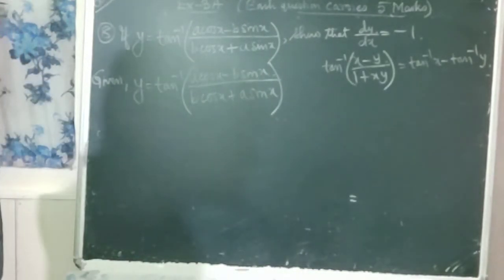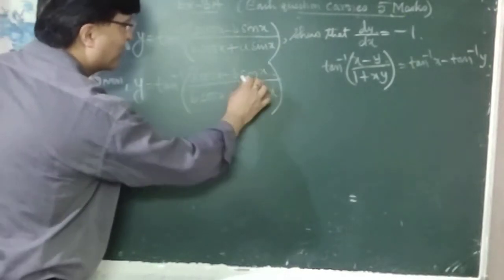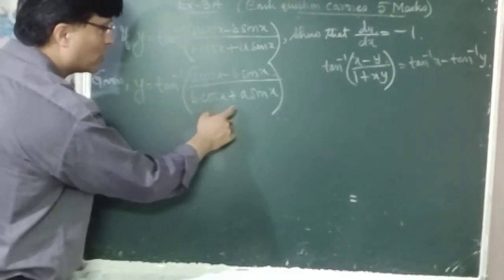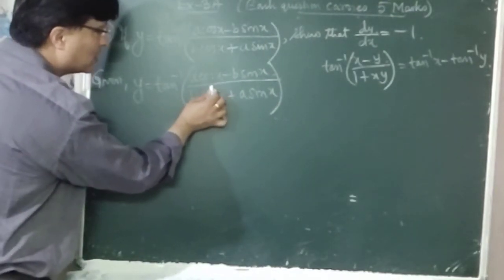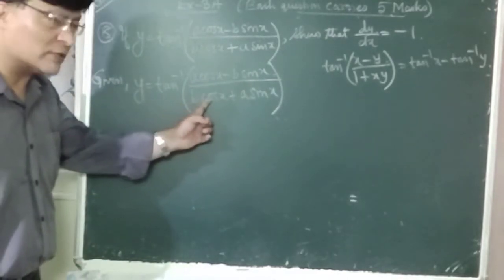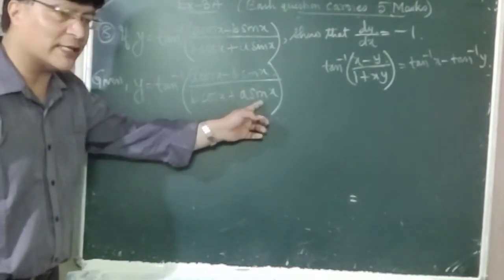Now, let us convert this expression within bracket in the form x minus y divided by 1 plus xy. So this b cos x should be made 1. That means you have to divide it by b cos x. If you divide this b cos x by b cos x, you should divide a sin x by b cos x.